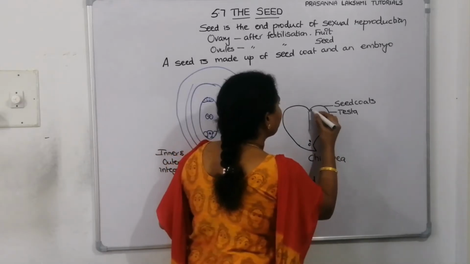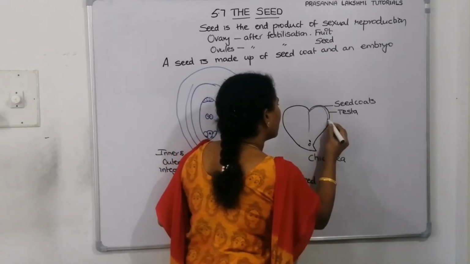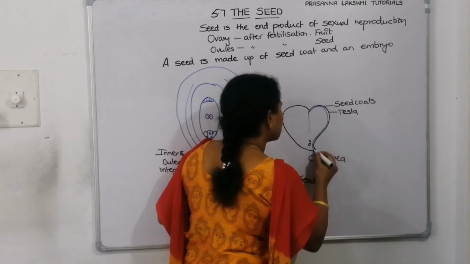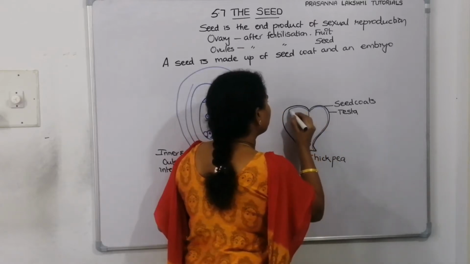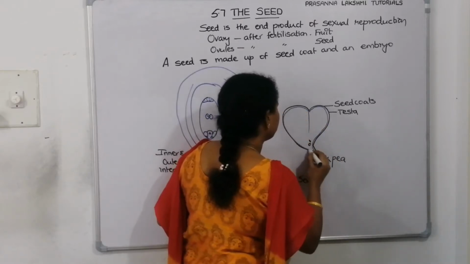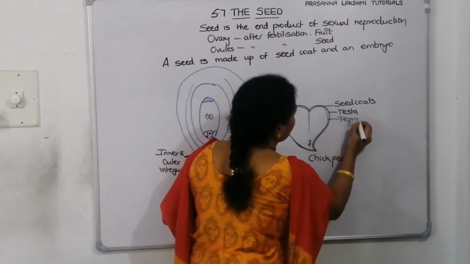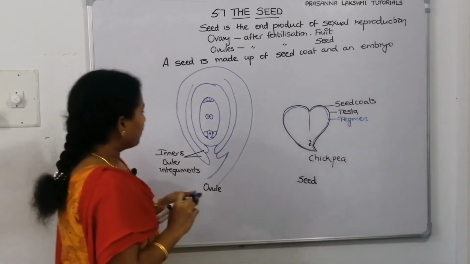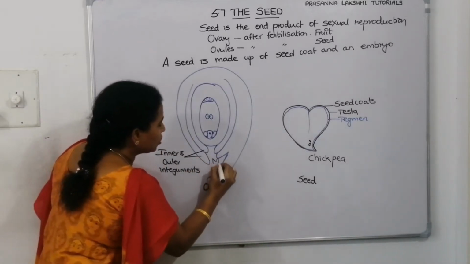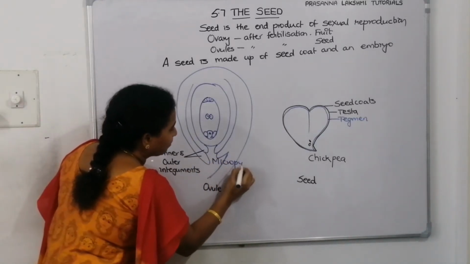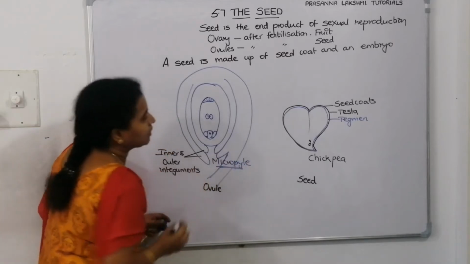This is the testa. Inner to this, one more seed coat will be there. That seed coat is called tegmen. Now, what is this region called? This region is called micropyle, the place where integuments are absent.